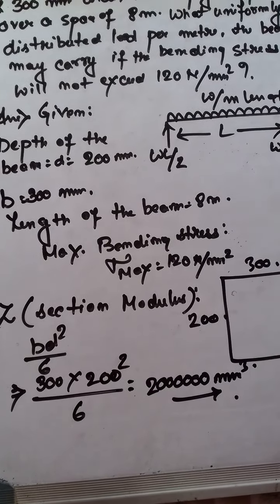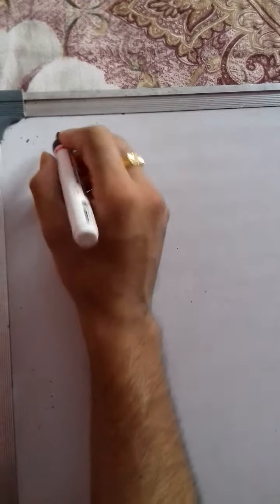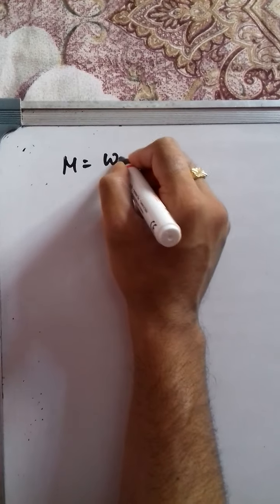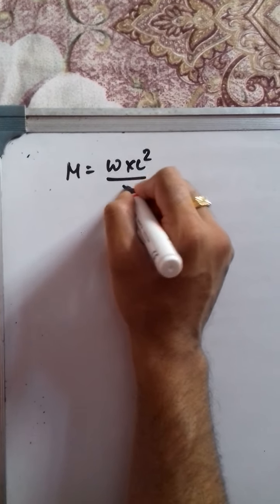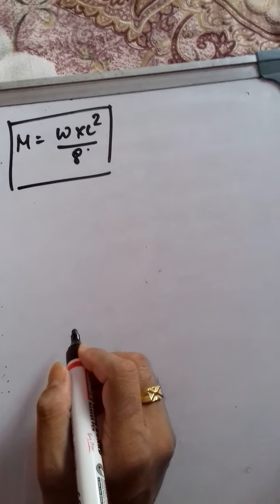Now once you get the section modulus, let us find out the maximum bending moment. We know that maximum bending moment for a simply supported beam carrying UDL is given by W into L square by 8. This we have done in the chapter SFD BMD, right?